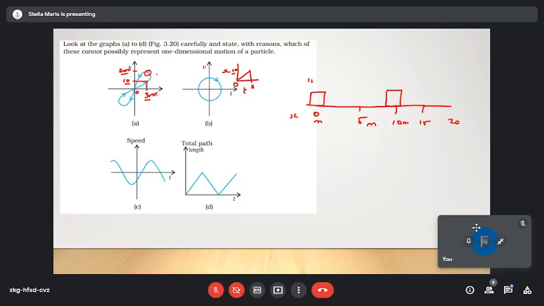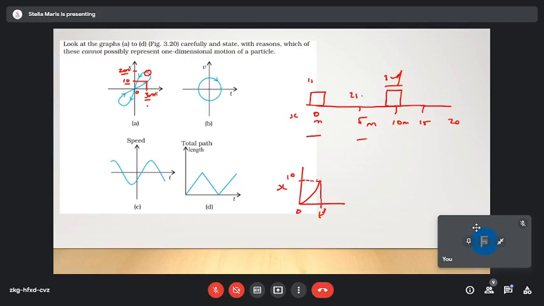Yes, sir. Okay, so at the third second, can the body have two positions? At 1 second, the body cannot be at two positions, right? This is the first second, this is the second, and this is the third second. At the third second, if the body is like this, your x-t graph will be like this: 0 meters, then 10.